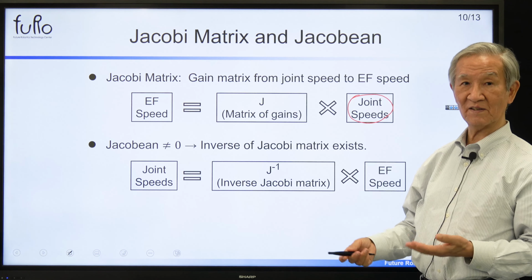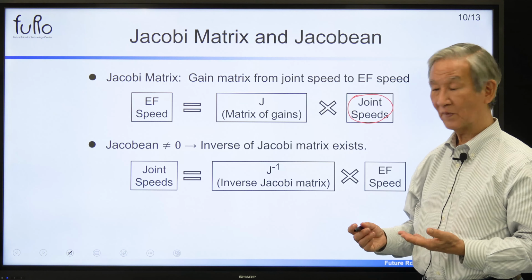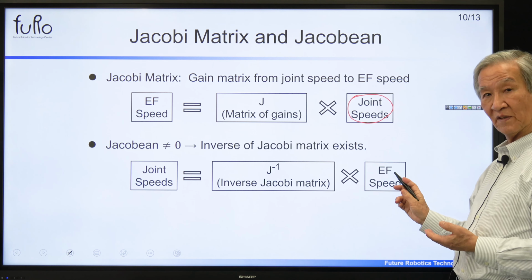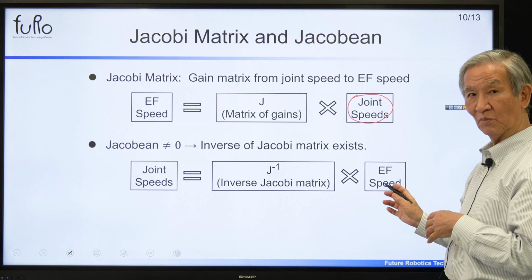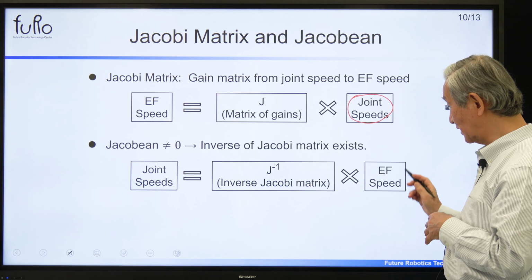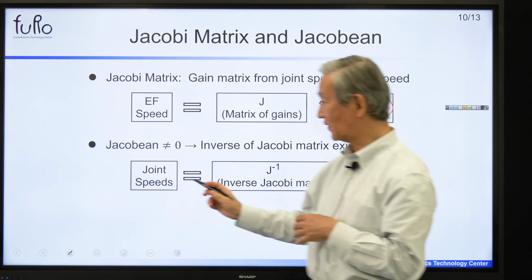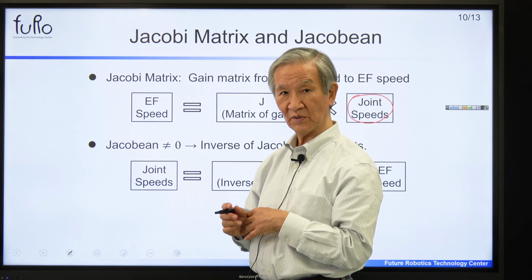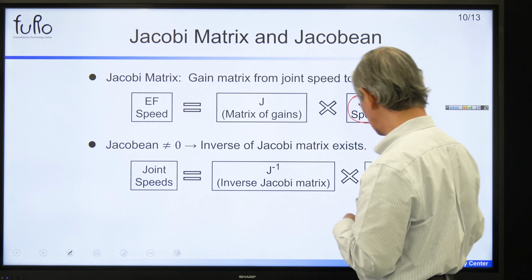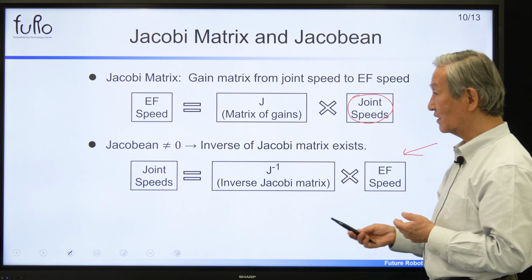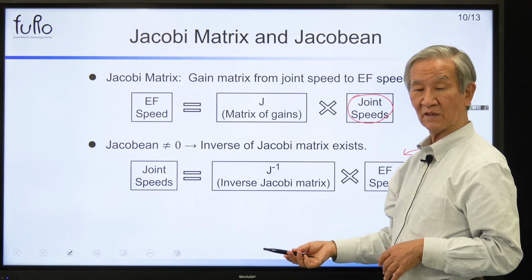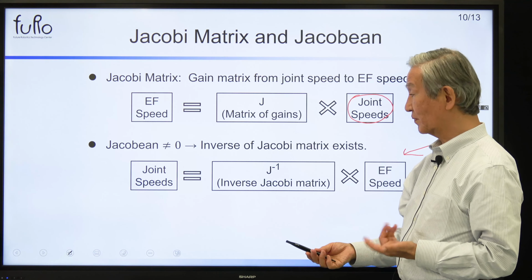This is something we really wanted, don't we? We want to control end-effector speed. In other words, you know how the end-effector should move. So this one is given, and you want to find out how we control joint speed. So this is a question we really want to answer. For that, the Jacobian must not be 0, right?